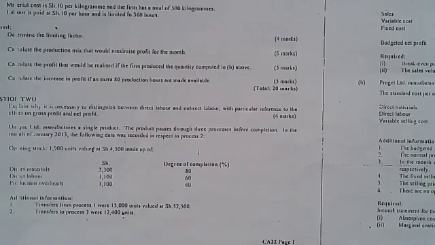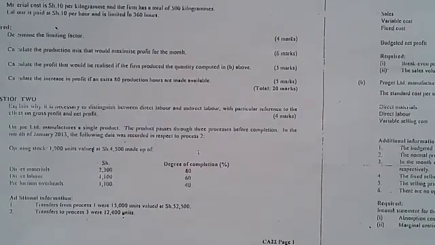Additional information, number 1, transfer from process 1 were 15,000 units valued at 52,500 shillings. Number 2, transfer to process 3 were 12,400 units. Number 3, the cost incurred in process 2 as follows: direct materials 18,300 shillings, direct labor 23,000 shillings, production overhead 17,200 shillings.